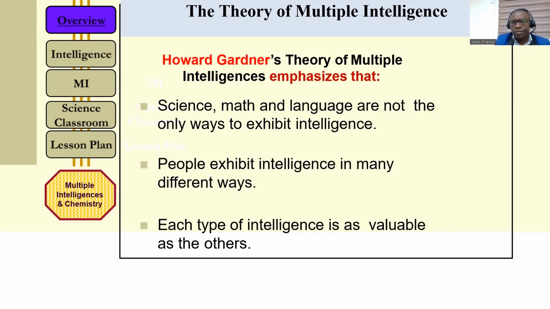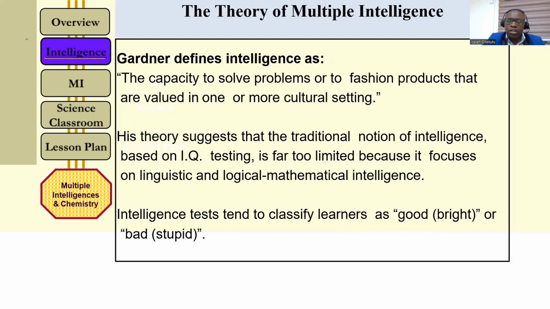Now, basically, the intelligences that are more prominent in the four walls of our traditional classroom are the logical-mathematical intelligence and the linguistic intelligence, which deal with writing and solving mathematical problems. We classify our learners as good or bad depending on these intelligences, which is actually limiting the capacity of these learners.